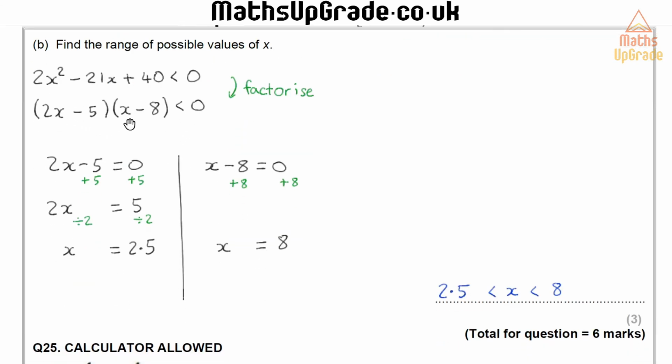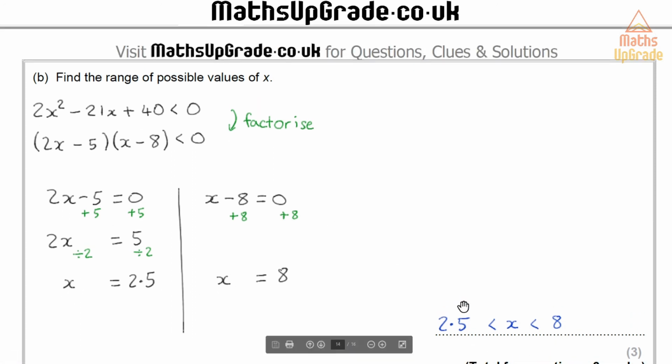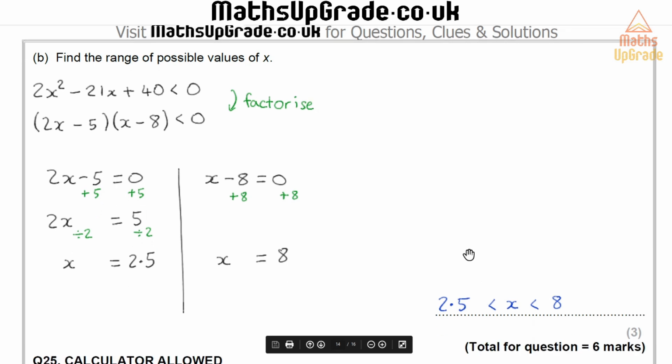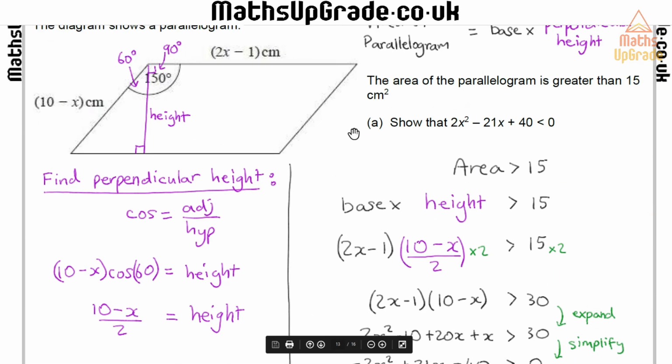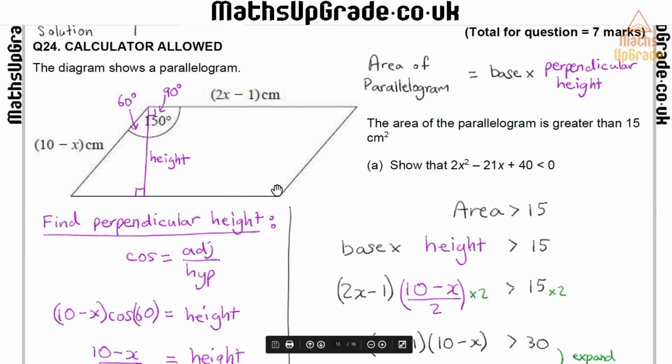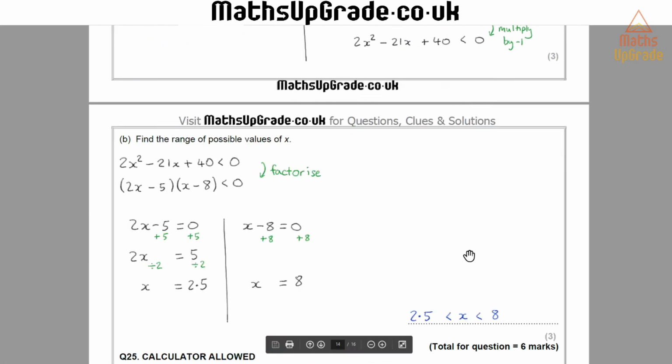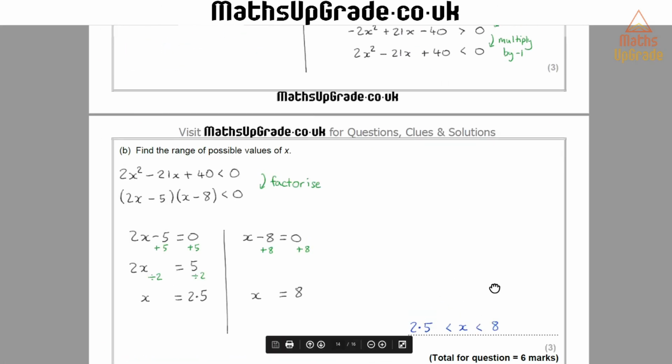Then, since the 2 brackets multiplied to give less than 0, I'm just going to put them equal to 0. I get x equals 2.5 and x equals 8. So, using these values, I know that the value of x must be in between 2.5 and 8. And that is my 3 marks.